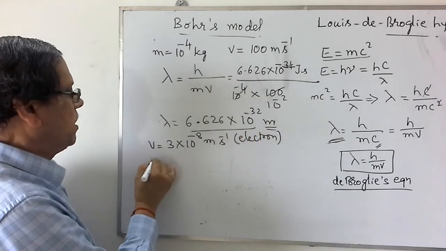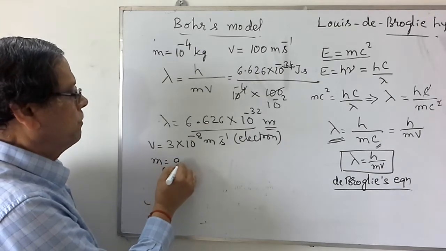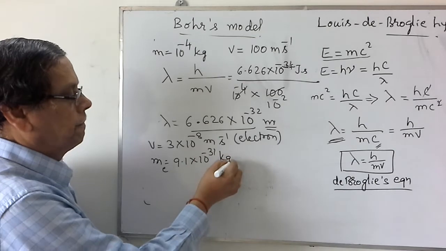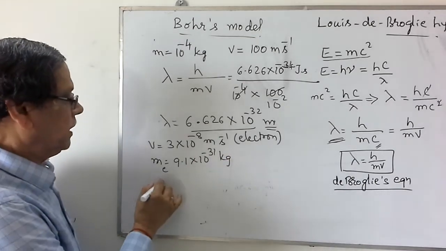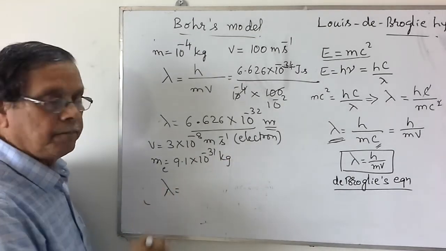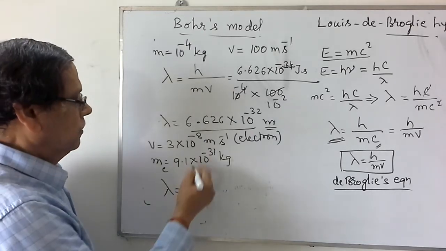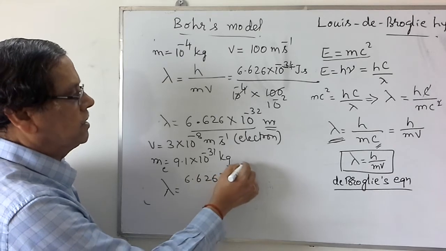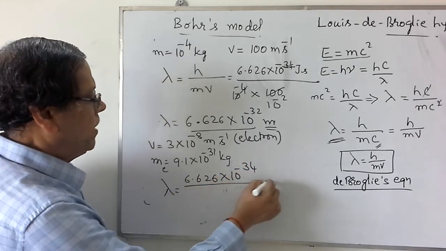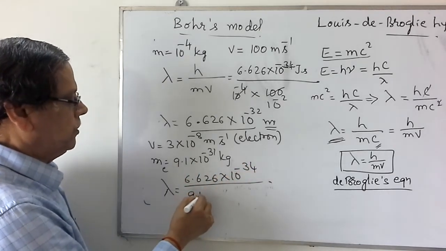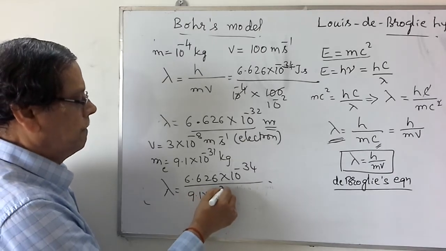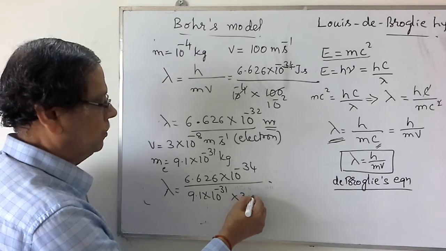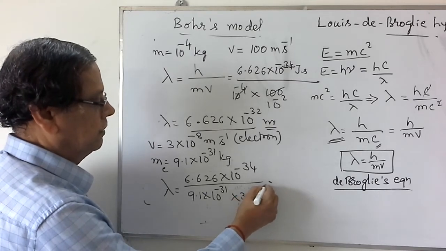Now let us consider the mass of the electron, 9.1 into 10 to the power minus 31 kg. If you want to calculate the lambda for such a moving electron, we write this as 6.626 into 10 to the power minus 34 divided by 9.1 into 10 to the power minus 31 into 3 into 10 to the power minus 8.